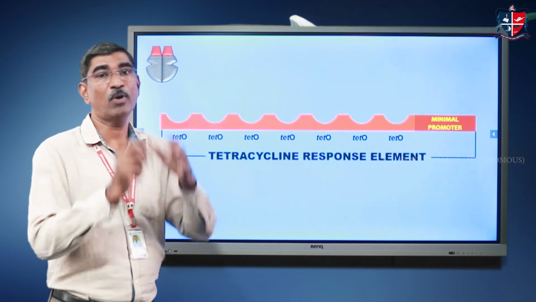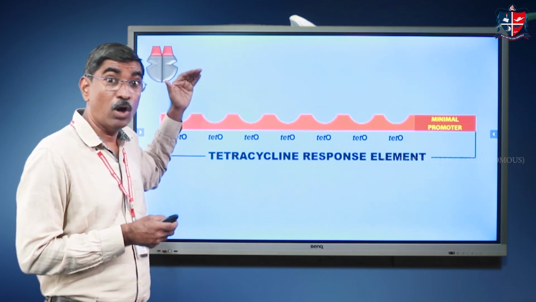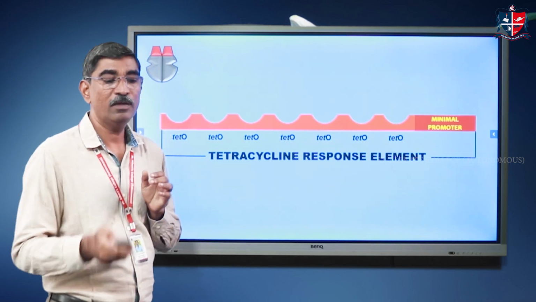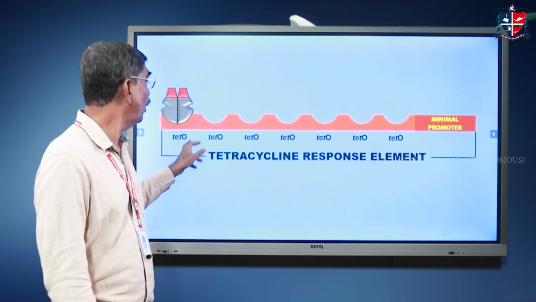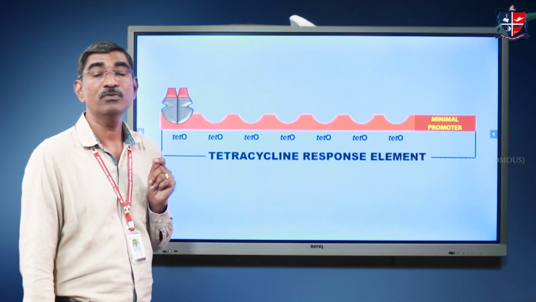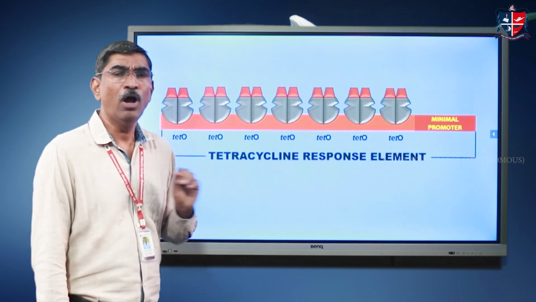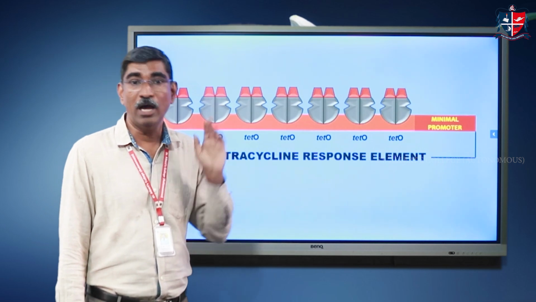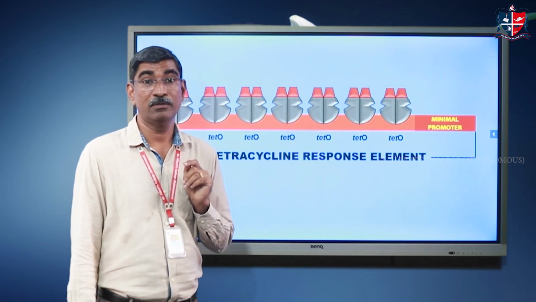So it is a fusion product, and this repressor part of the fusion product has the ability to bind with this operator of the tetracycline response element. Similarly, all the other tetracycline operators are bound with the same type of fusion product.